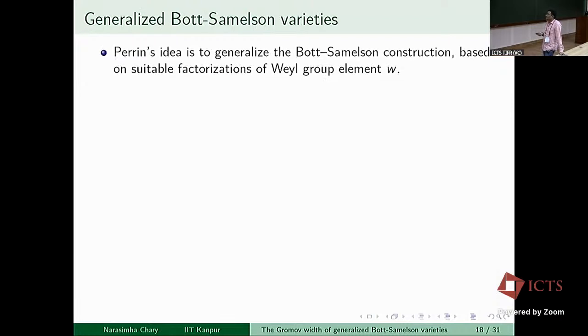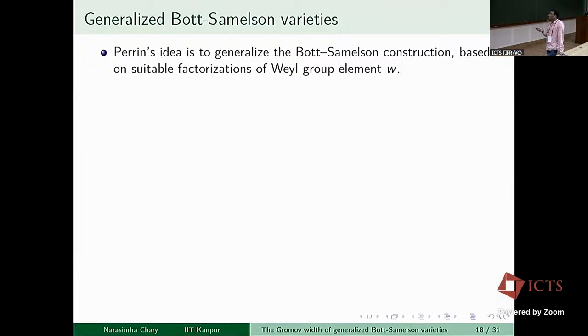Perrin's idea is to generalize the construction of Bott-Samelson varieties. For Bott-Samelson varieties, you take a reduced expression in terms of simple reflections. But now his idea is to factor your W not in terms of simple reflections, but in terms of Weyl group elements.